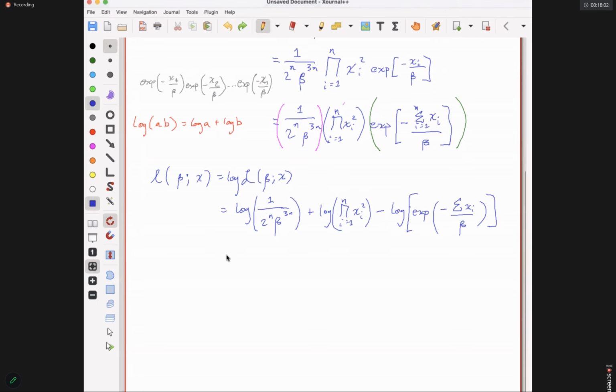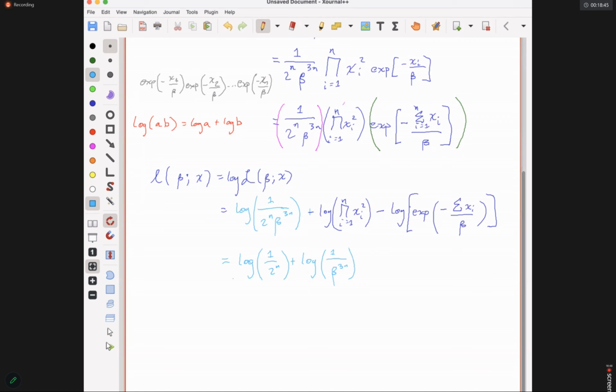I can't bring it outside, but what I'll do here is change the color of this to make it more obvious how this is breaking up. I can have this as log of 1 over 2 to the n plus log of 1 over beta to the 3n. So I split up that multiplication.